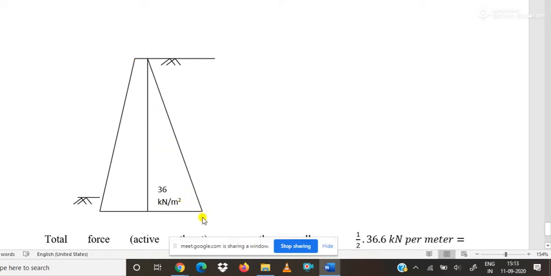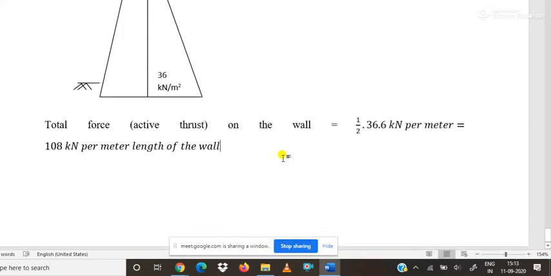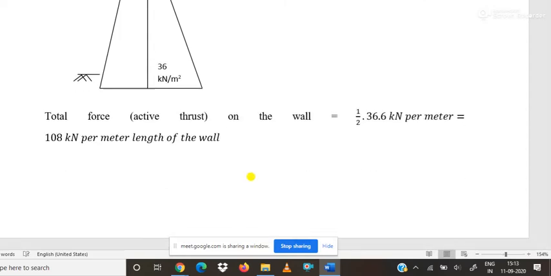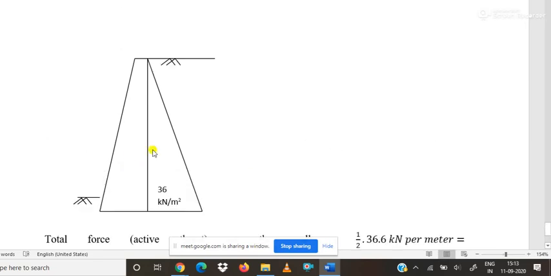And another thing, for this case, this is simple: the point of action of this force equals the CG of this area.